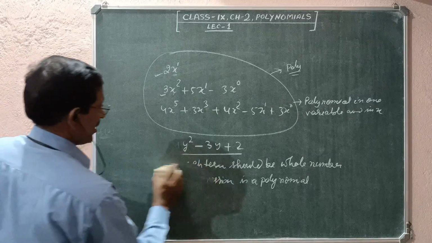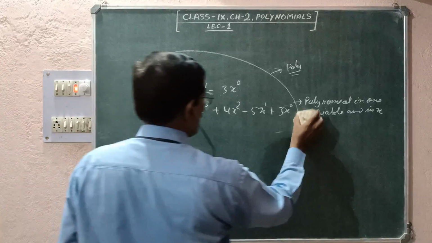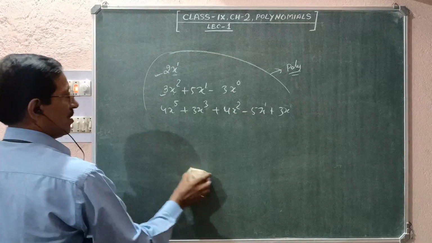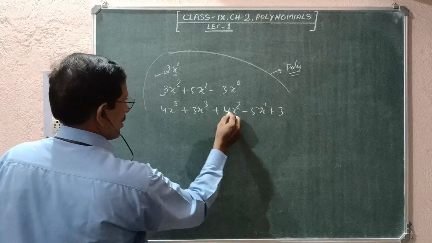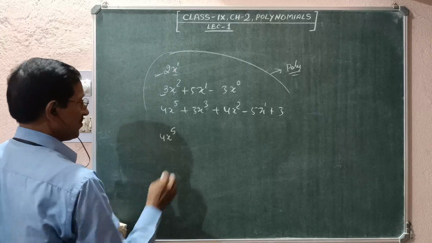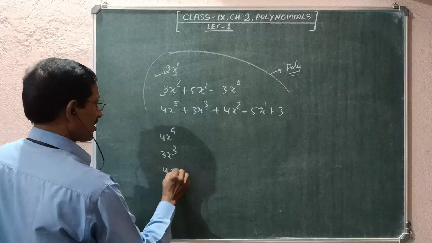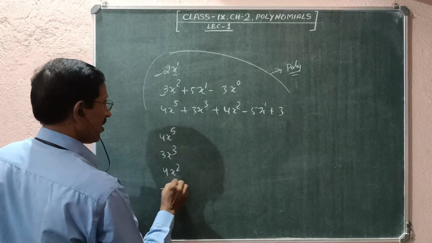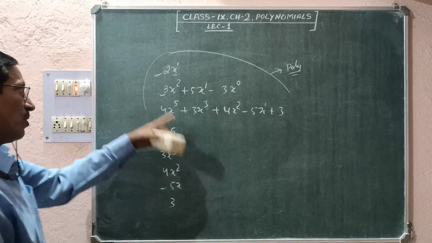Now we take other examples. In this polynomial you are looking: 1, 2, 3, 4, 5. There are 5 terms, that is 4x to the power 5, 3x cube, 4x square, minus 5x and 3. All are known as terms of this polynomial.